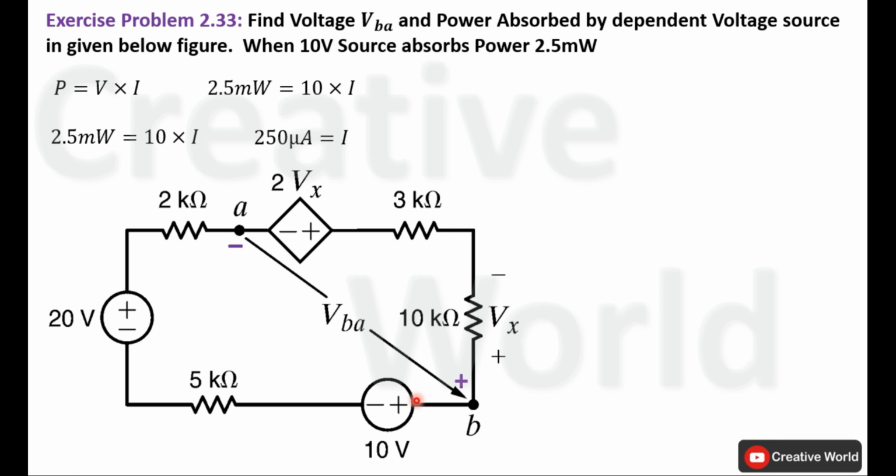So in our case, the current should enter from this terminal of the voltage source in order to absorb power. Current can enter this terminal only when it is flowing in clockwise direction inside this circuit. So we can conclude that the direction of current will be clockwise.